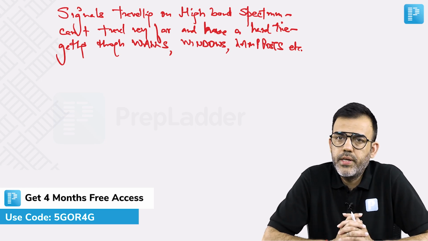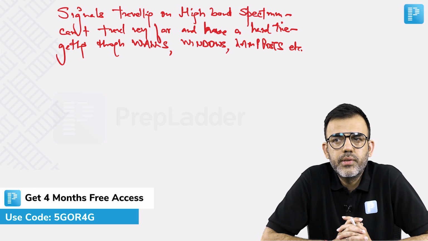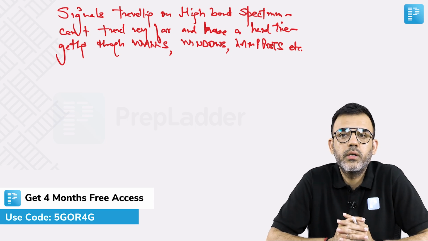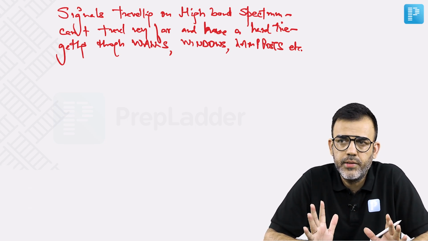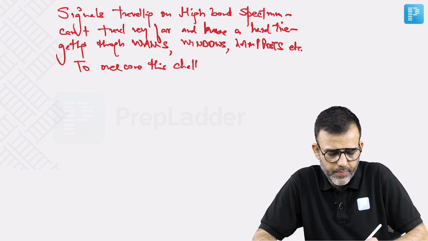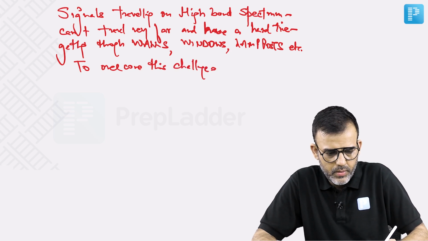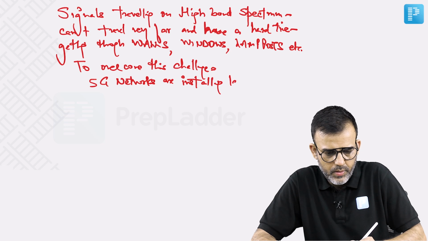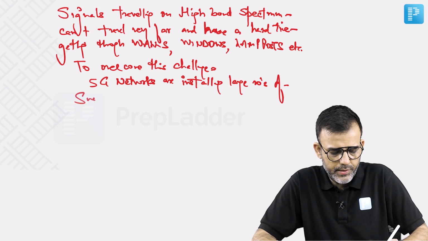In order to compensate for these challenges, wireless carriers building high band 5G networks are installing tons and tons of small cell sites. So to overcome this challenge, 5G networks are installing large numbers of small cell sites.